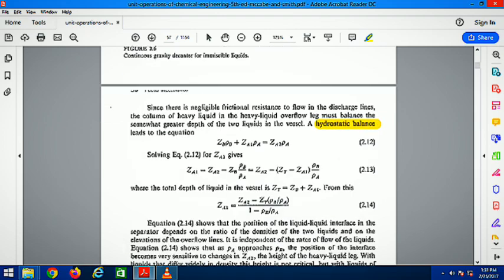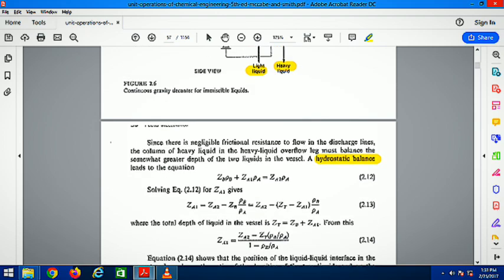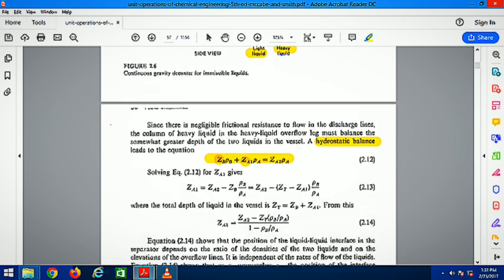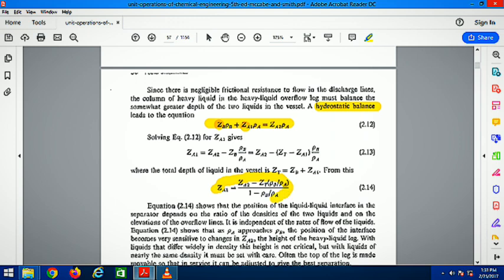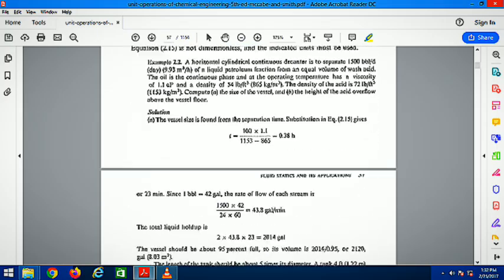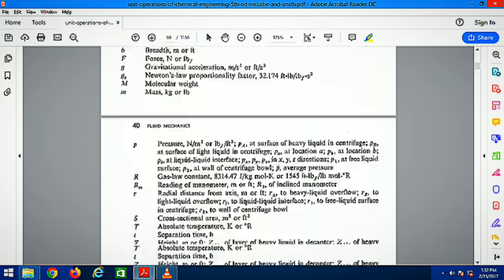We just put in the hydrostatic balance, which is one of the simplest balances, rho g h. H is here the different ZA1, ZB and rho, and because g is the same, it cancels out in this equation. Finally we arrive at this particular equation: ZA1 is equal to ZA2 minus ZT times the bracket of rho B by rho A, upon 1 minus rho B by rho A.